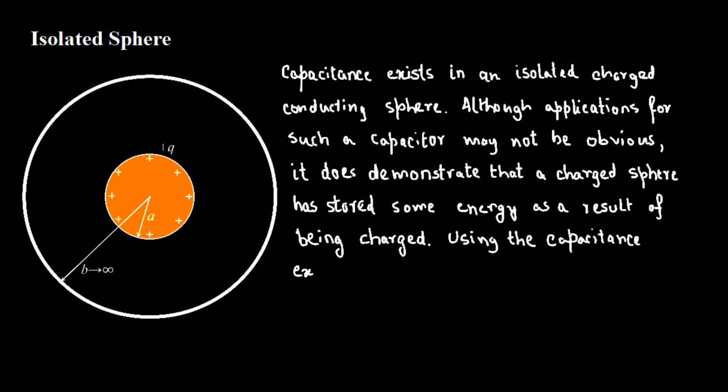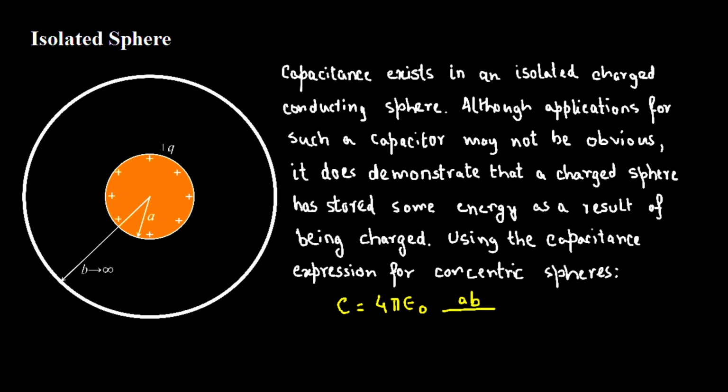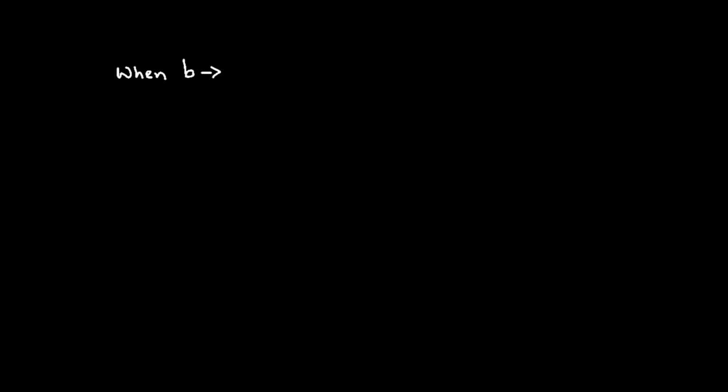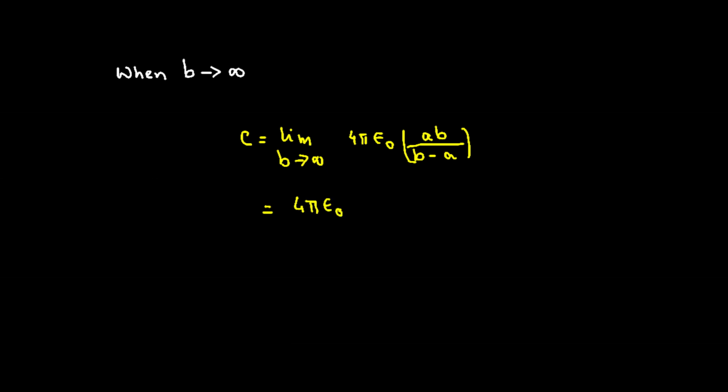Using the capacitance expression for concentric spheres, C equals 4 pi epsilon naught times AB over B minus A. If B is large enough, that is, when B approaches infinity, we get C equals the limit as B tends to infinity of 4 pi epsilon naught times AB over B minus A, which equals 4 pi epsilon naught times the limit as B goes to infinity.